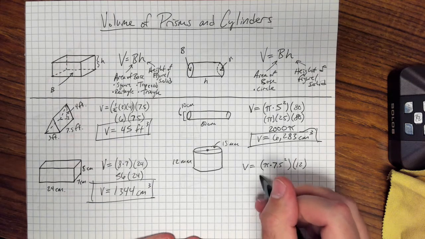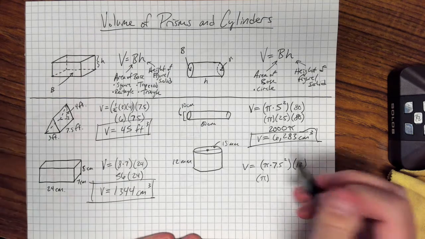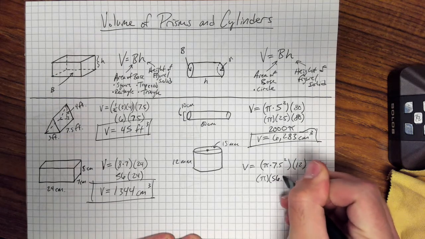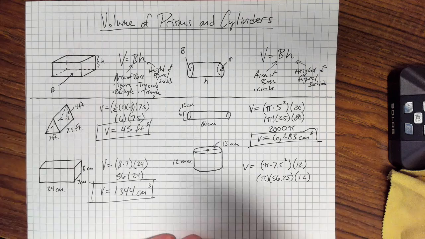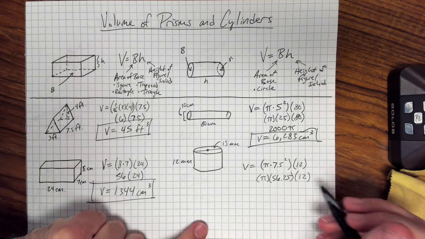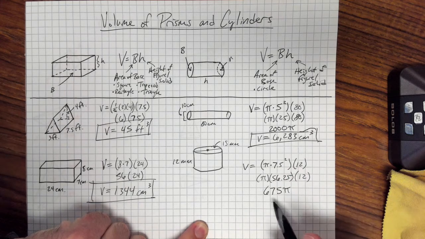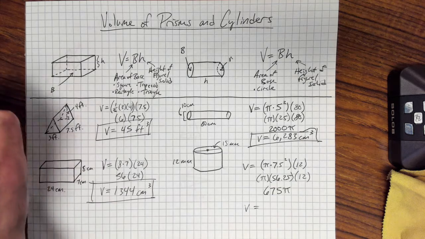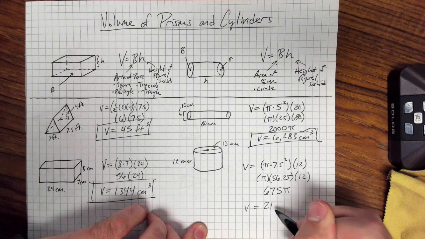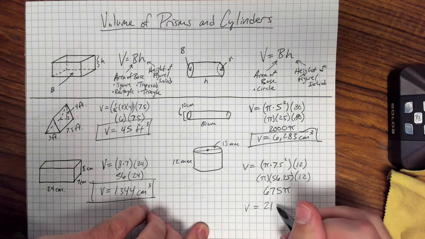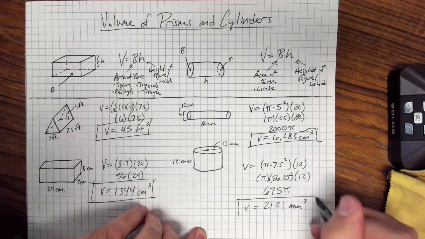So right here, 7.5 squared would be 56.25, and then you're going to multiply that by 12, and that should come out to 675. And finish 675 times pi. Round your answer to the nearest unit, 2,121 cubic millimeters.